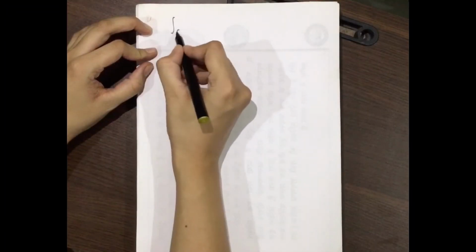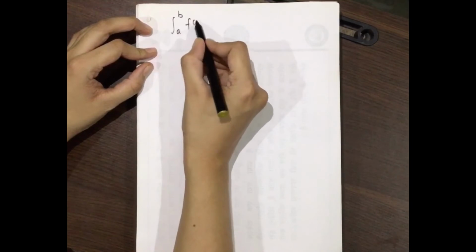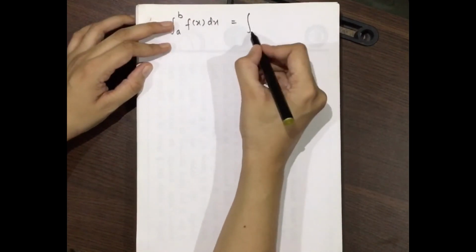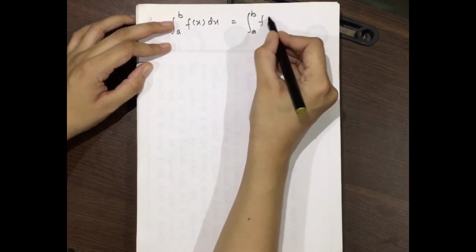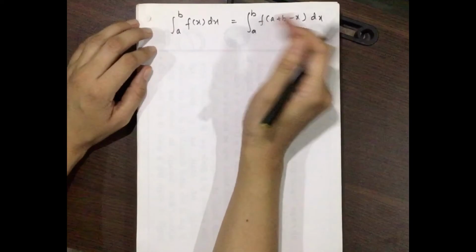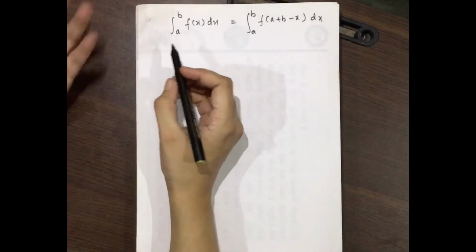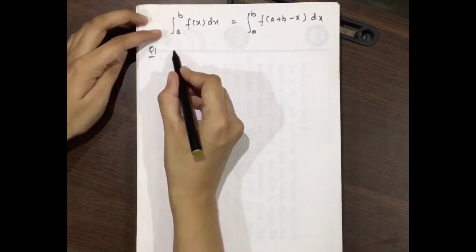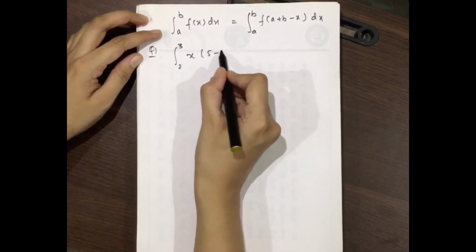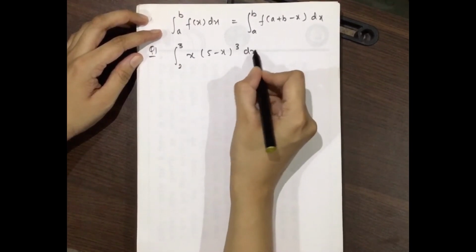Now let's move to another formula. The integral from a to b of f(x) dx is equal to the integral from a to b of f(a + b - x). So here let's do one example. Question: the limit is 2 to 3, and x times (5 - x) to the power cube dx.